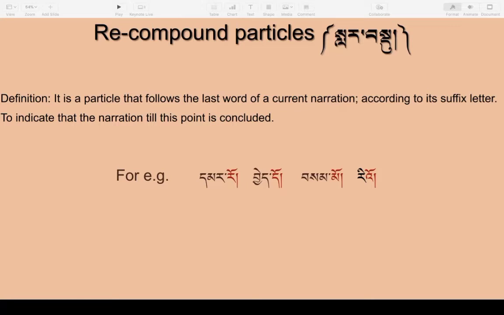When we say dependent and independent connective particles, what we're saying is that the dependent connective particles depend on either the suffix or a certain criteria to which it can follow a word or a name.